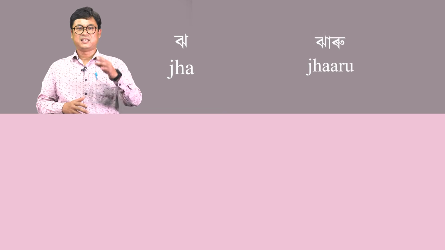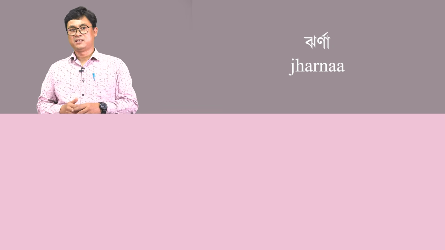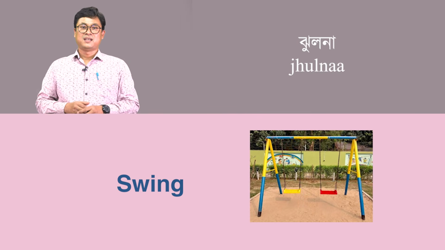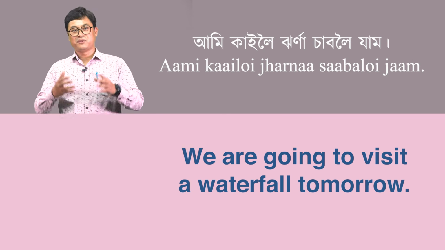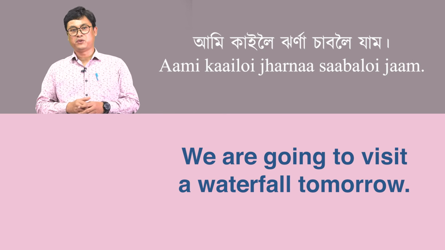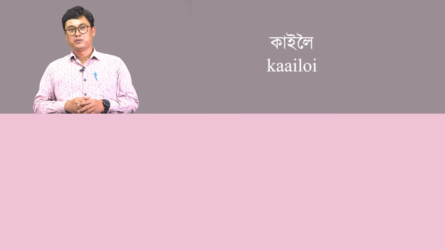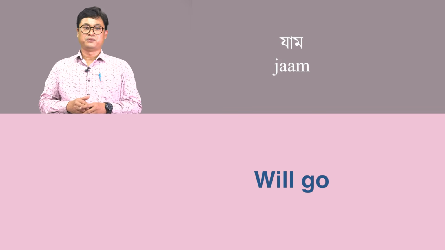Jha, this letter usually occurs at the word initial position only, as in jharu, that means broom. Jharna, that means waterfall, and jhulna, which means swing. Ami kailoi jharna saboloi jam, which means we are going to visit a waterfall tomorrow. Here, ami means we, kailoi means tomorrow, saboloi means towards, and jam means will go.